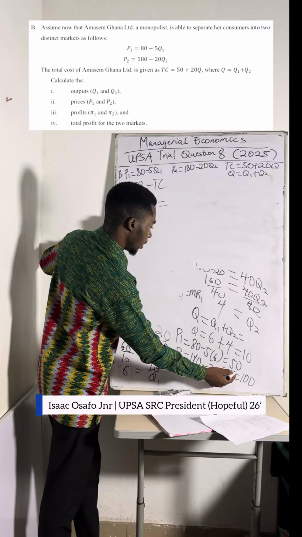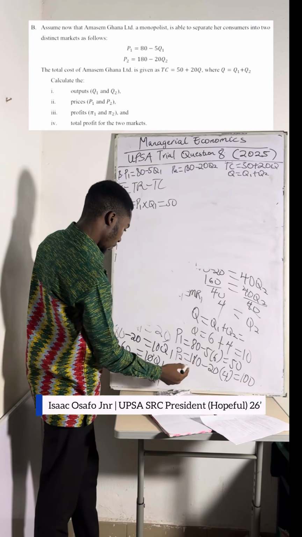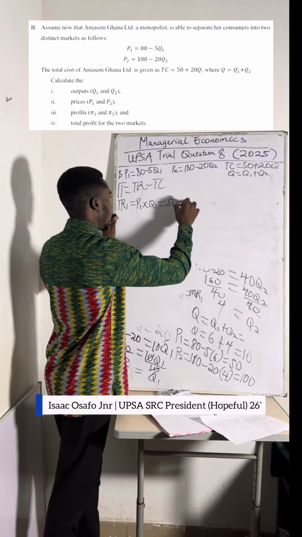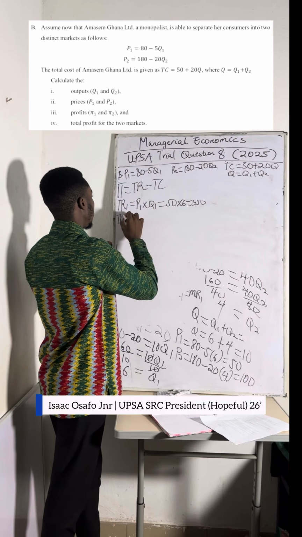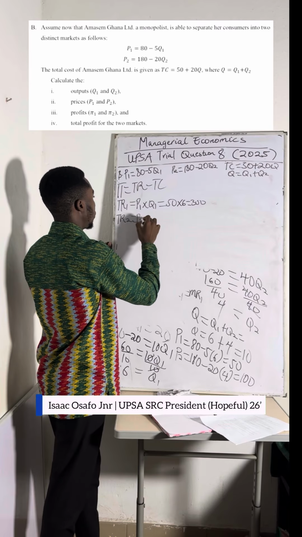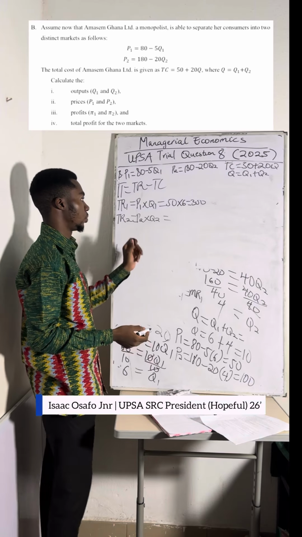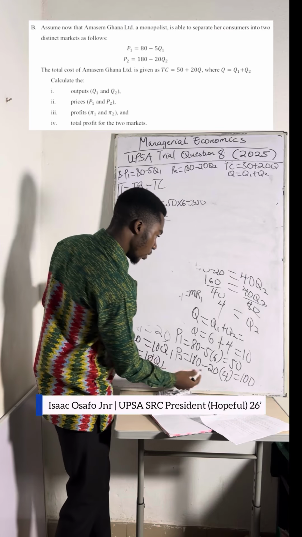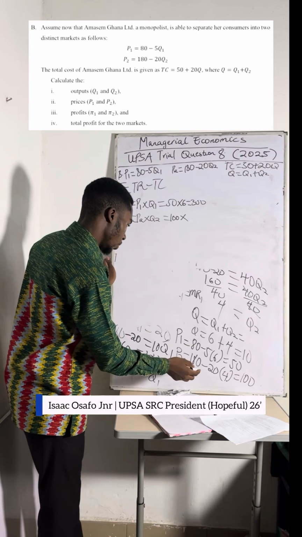So P1, where is the P1? Yeah, so P1 is 50. That's what is here. Times Q1. Q1 was 6. So times 6. And that will give us 300. Then now TR2, which will give us P2 times Q2. Price times quantity. So P2, we got it as 100 times Q2.